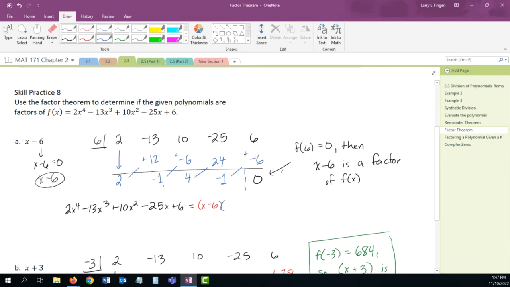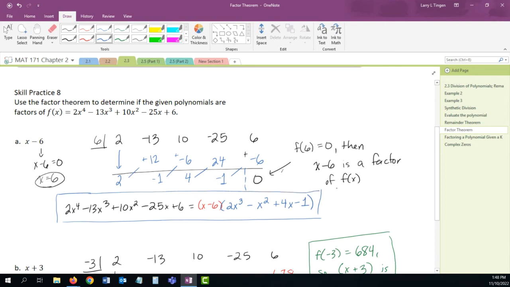And in blue down here below the line, those are the coefficients of the quotient. This was a 4th degree polynomial, meaning the quotient is a 3rd degree: 2x cubed minus x squared plus 4x minus 1. All right. Questions?